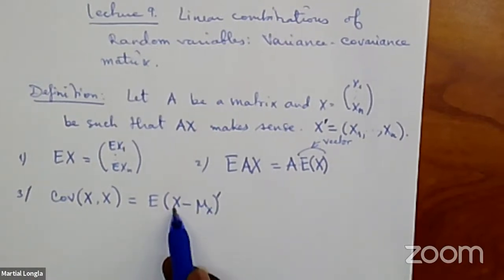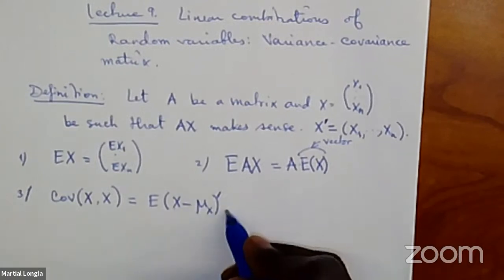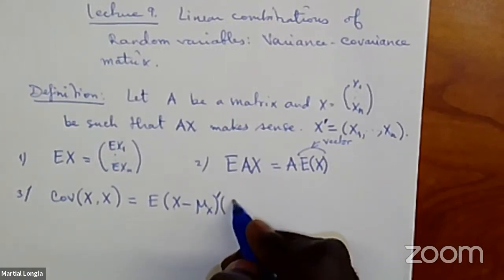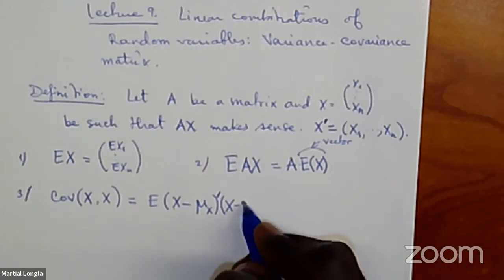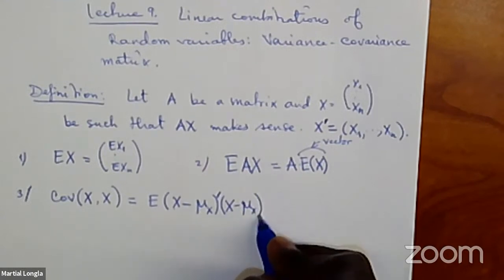Because this is a vector, you transpose that vector, then you multiply by X minus the mean of X.